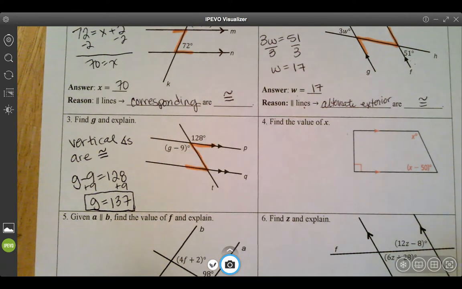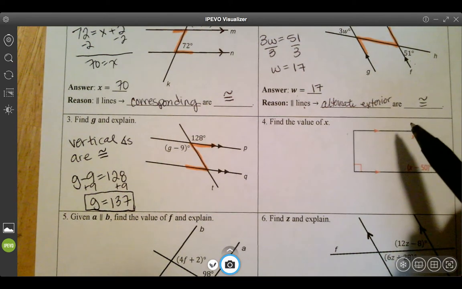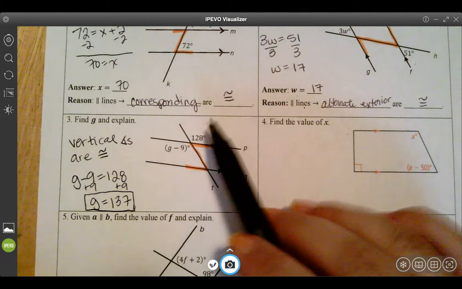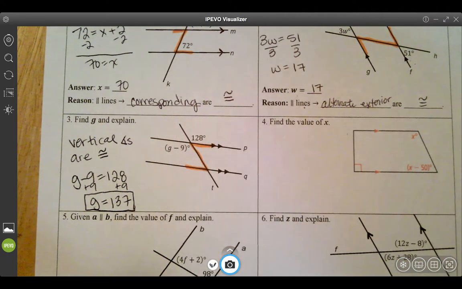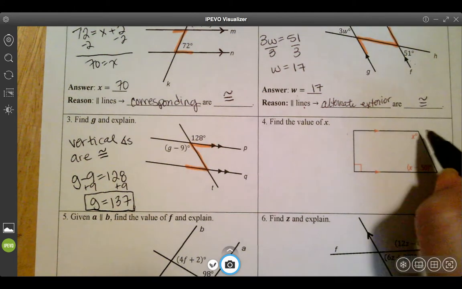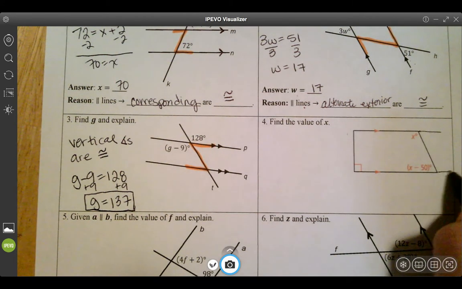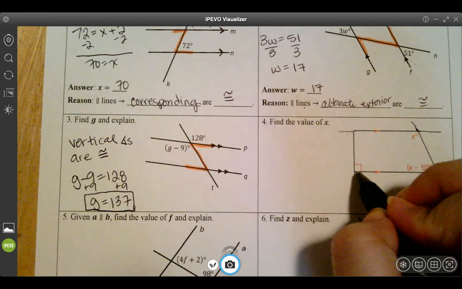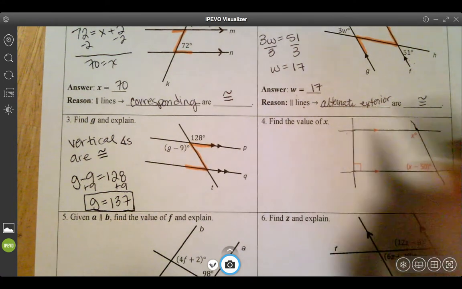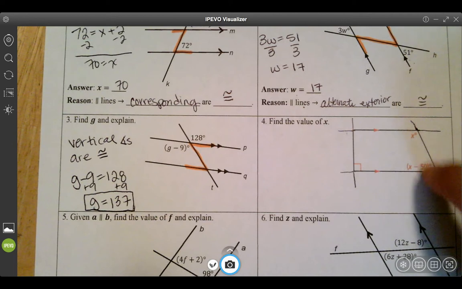On number 4, now this is a little bit more difficult to see because in all of these, our lines are extending past the point of intersection. And so what we can do is we can just extend our lines past these points of intersection so that we can see what's going on. Okay, now my variables are here.